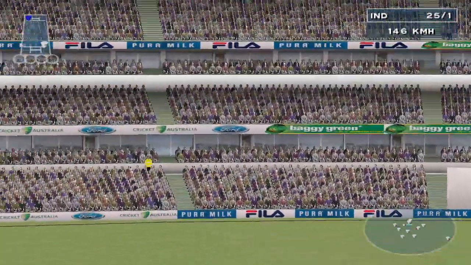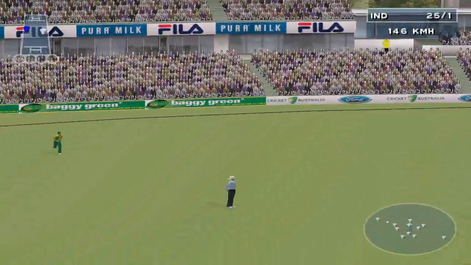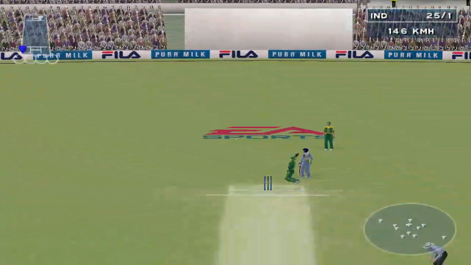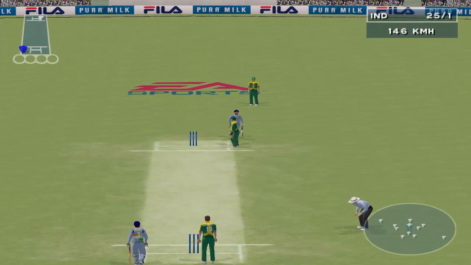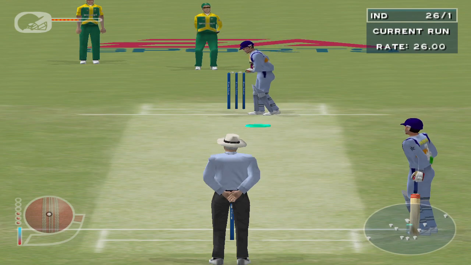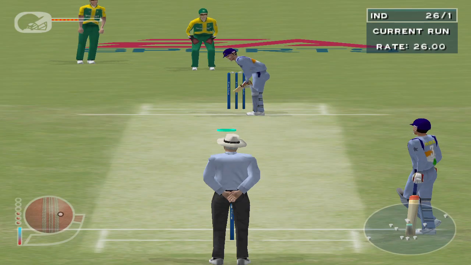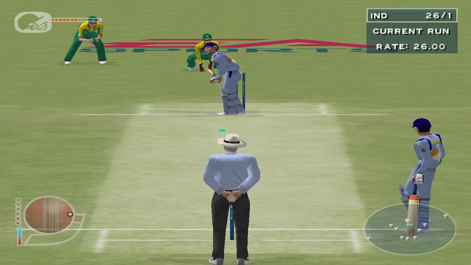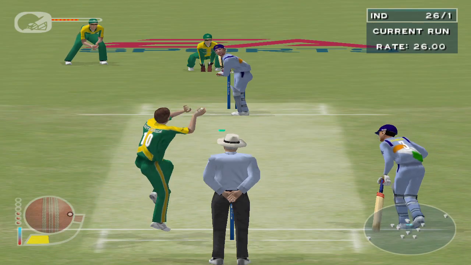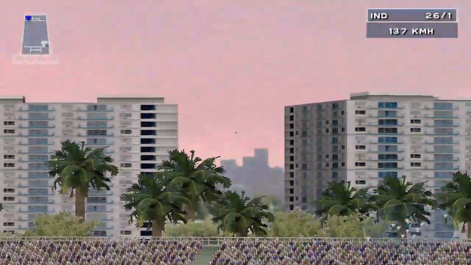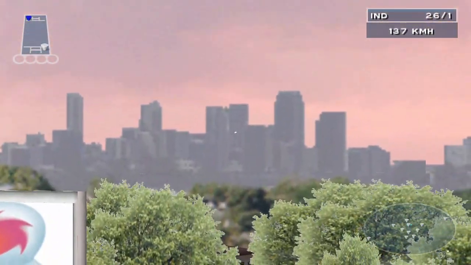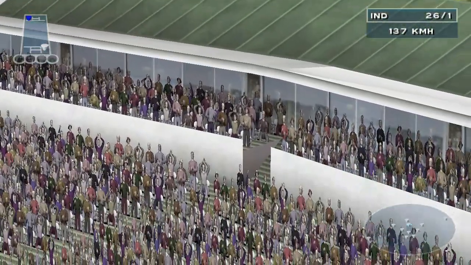There it goes. But it'll drop safely. Just 1 run. There it goes, right out of the ground. Tendulkar absolutely smashed that for 6.